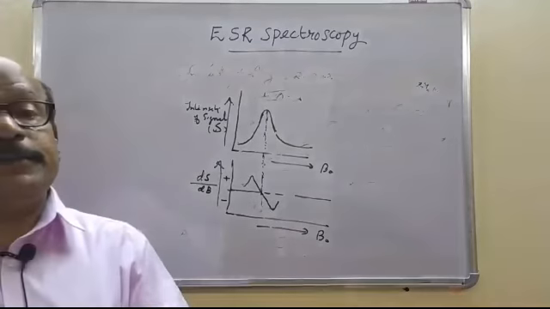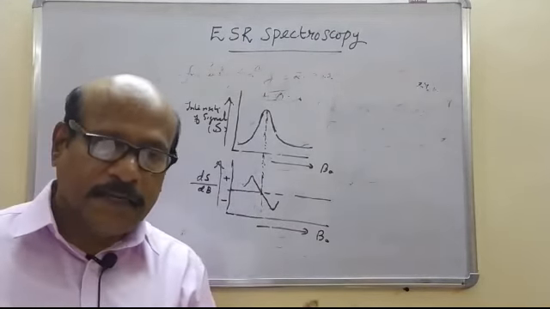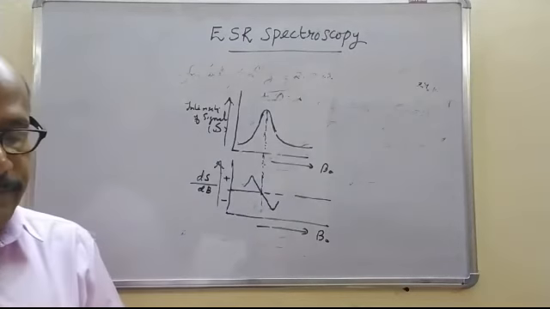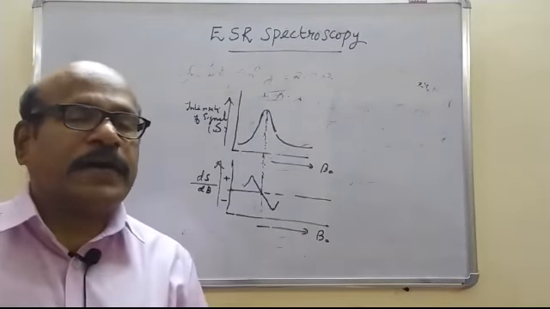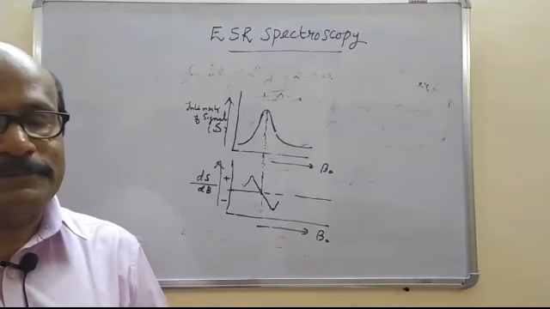And it can be obtained easily by comparing it with a curve or standard having a known number of unpaired electrons per gram. That's the technique.